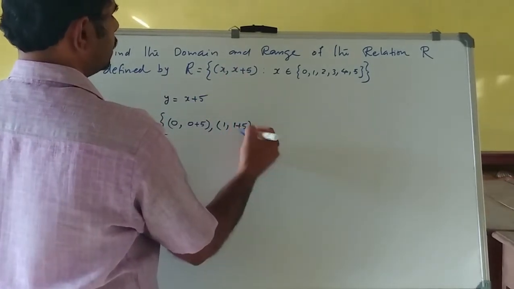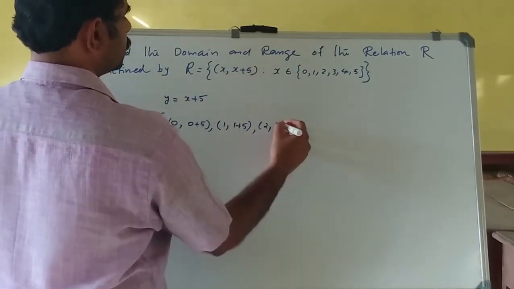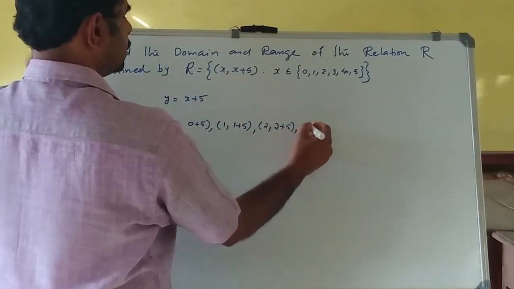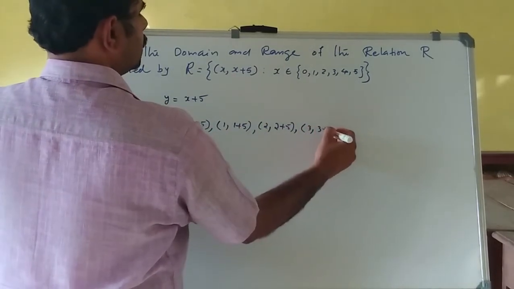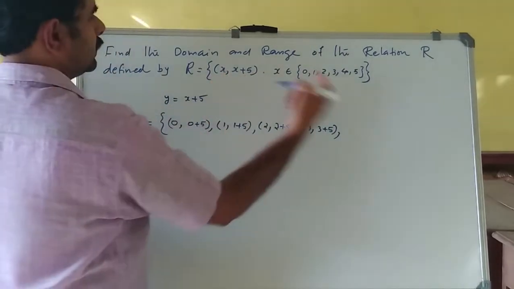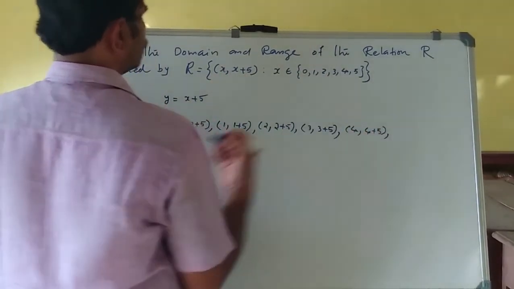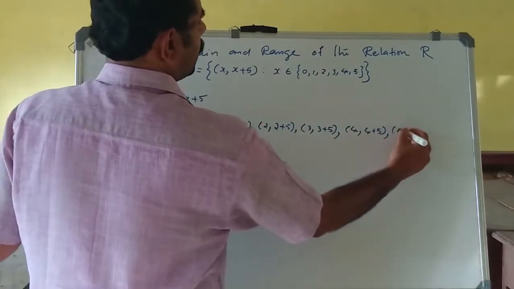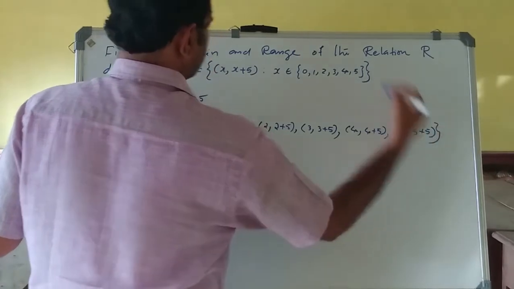Then (2, 2 plus 5), then (3, 3 plus 5), then (4, 4 plus 5), then (5, 5 plus 5). That's all.